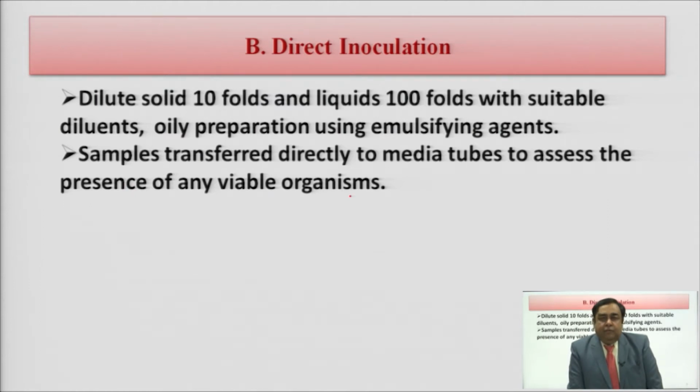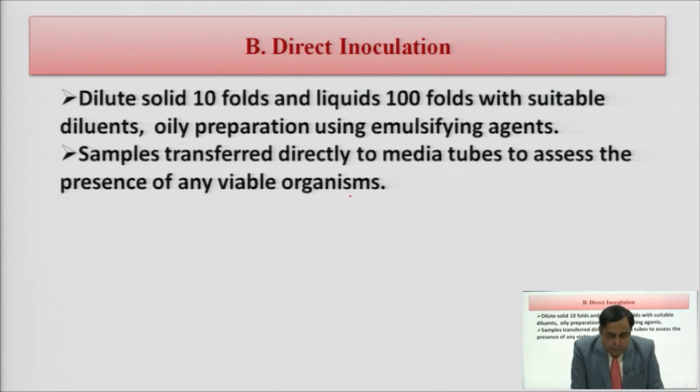In case of liquid, we can do it as such, just filter the liquid through the membrane filter, and then the membrane filter is cut into different segments. As I have shown you in the last video, if we are carrying out in a set of 3, one we can put in the thioglycolate media, the other in the alternate thioglycolate media, and the third in soybean casein digest broth.